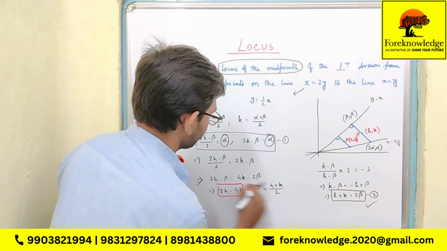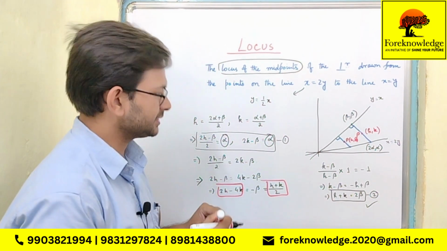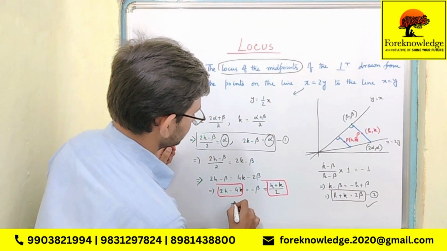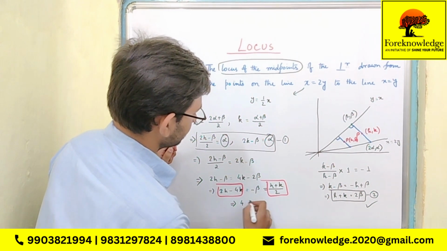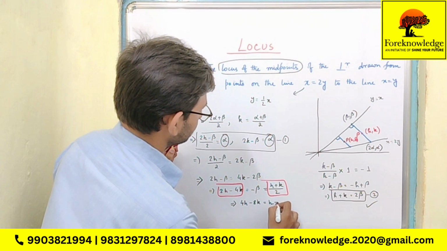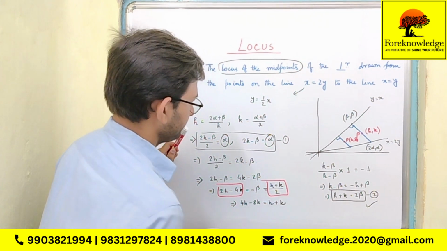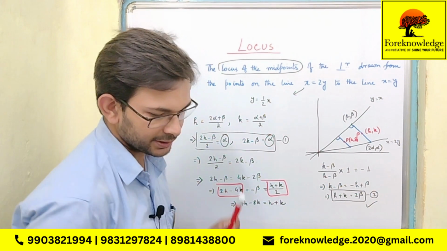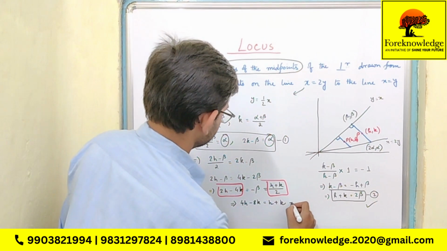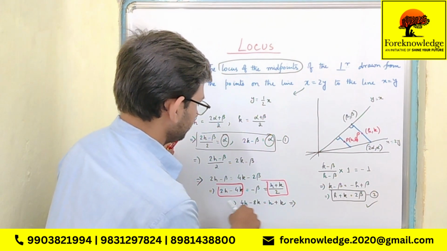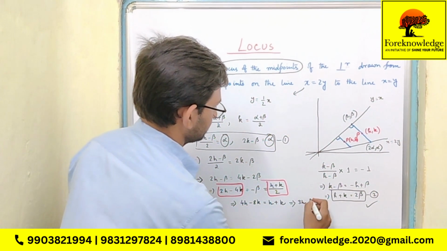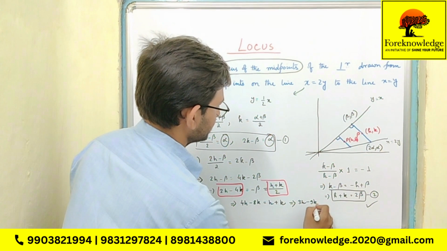Consider this and this and simplify, nothing more, nothing less. These two will be cross multiplied. So 4h minus 8k equal to h plus k, which gives 3h minus 9k equal to 0.